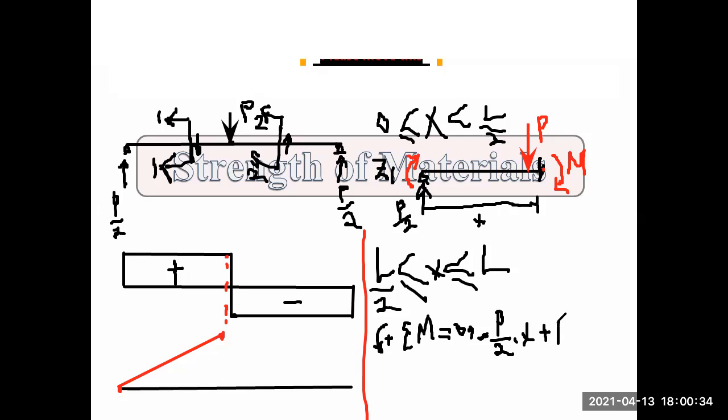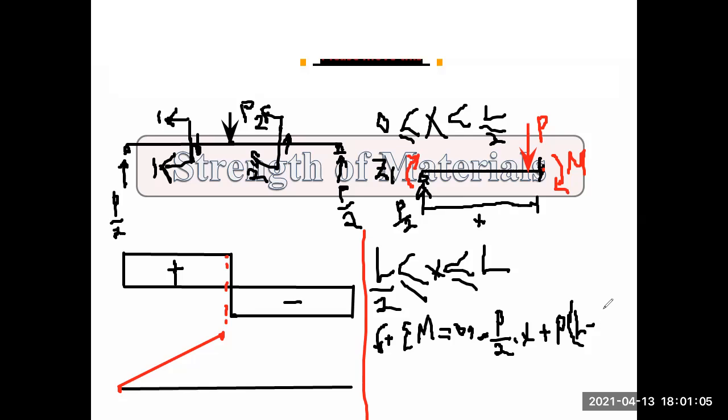The P has to be multiplied by a distance. I need to pay attention to the distance for P because X is starting from here, right? If X is equal to L over 2, then the P should have no effect, because P is exactly at midspan.